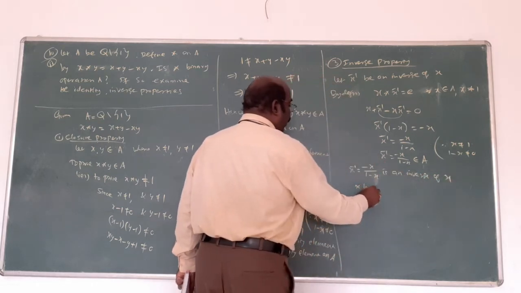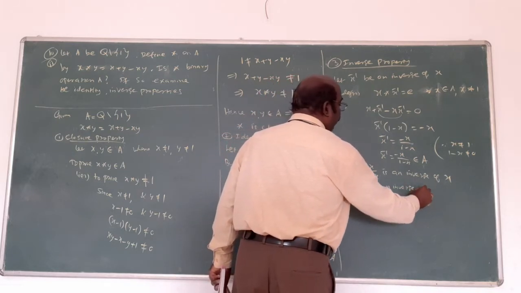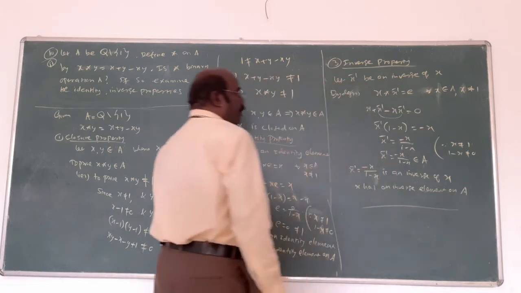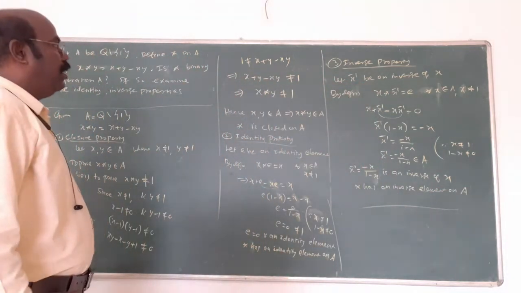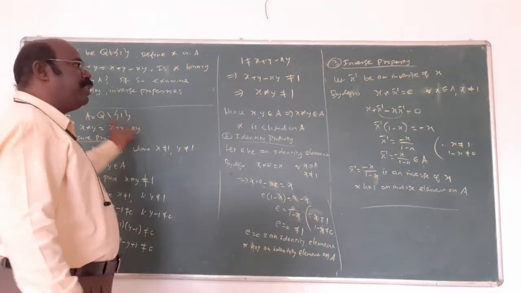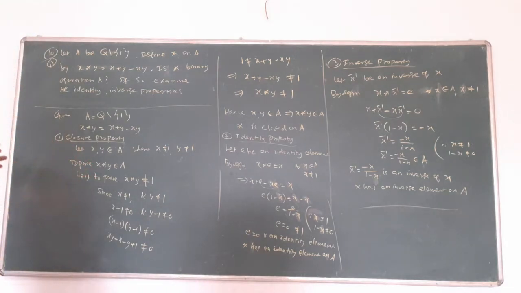Therefore, star has an inverse element on A. That's why the 3 products are over. In the question itself, if A, B is already given, you will ask A, B; x means x, that's all. Both the products use the same method only. Am I right? Here also, closure axiom, identity, inverse: 3 property aspect.